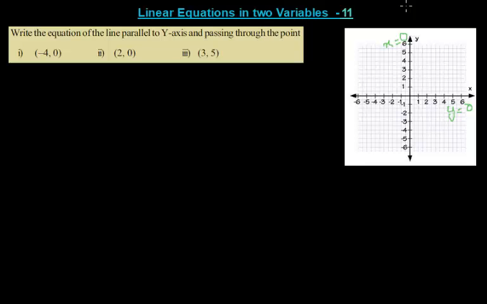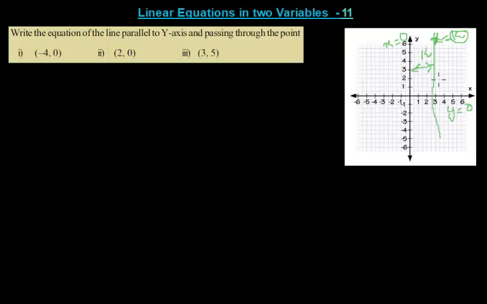Any line parallel to y-axis will have the equation x is equal to k, where k is a constant or the distance from y-axis. That means if the distance is k units from y-axis, then it has an equation of x is equal to k.